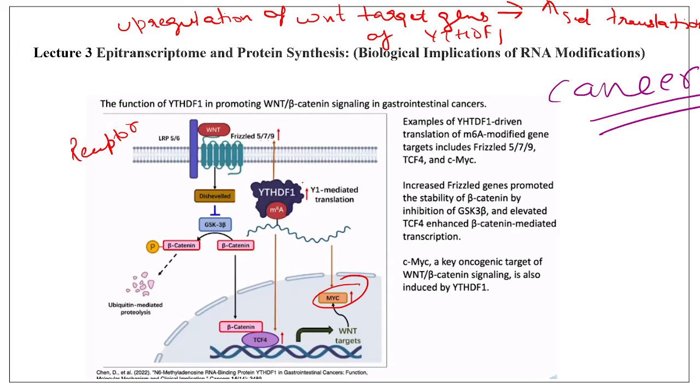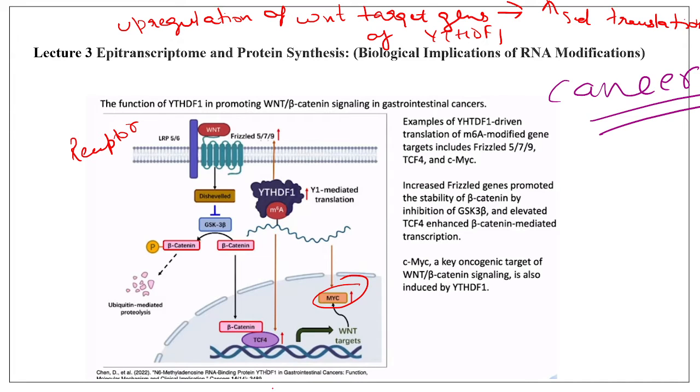And this increased translation of YTHDF1, what does it do? Now there is increased production of the receptors. And when there is increased production of receptors, more and more receptors are there to bind with the Wnt.